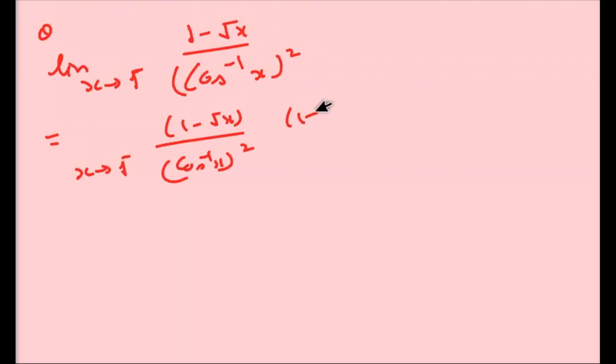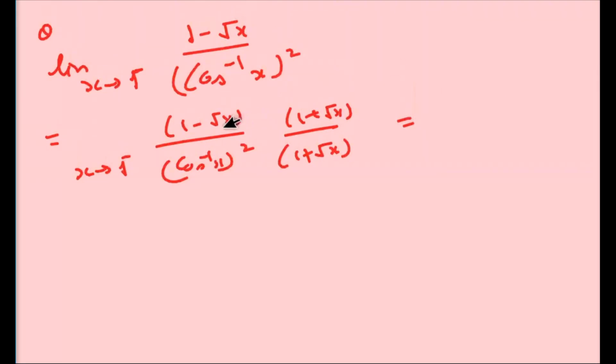So we multiply by 1 plus root x upon dividing by 1 plus root x. Now when we put x equal to 1 here, 1 plus 1 is 2, it is not 0, but if we put 1 in the other factor, then it is 0. So removing the 0 factors from numerator and denominator, we use the conjugate whenever you find a root. Okay, this method you should learn.